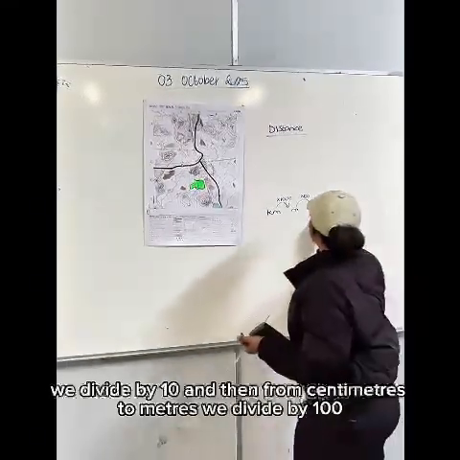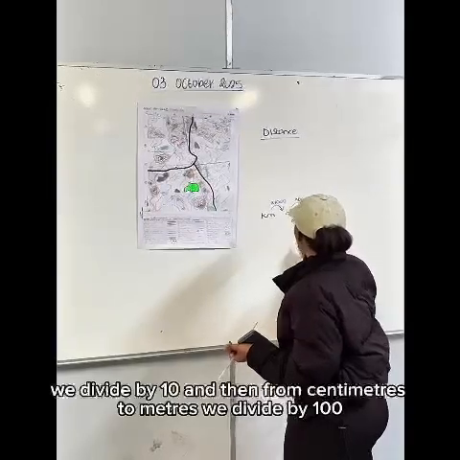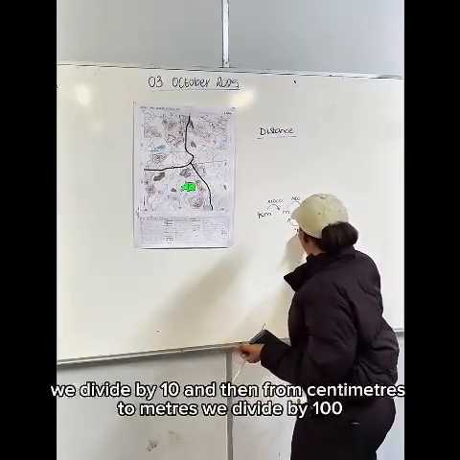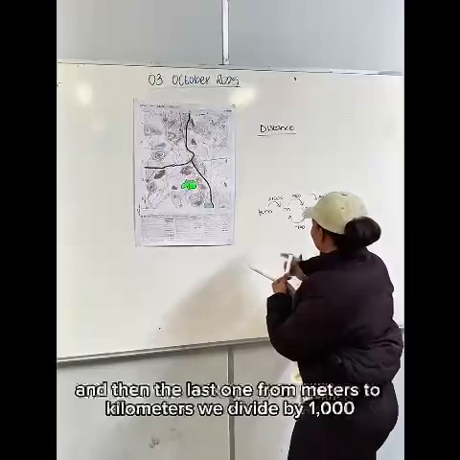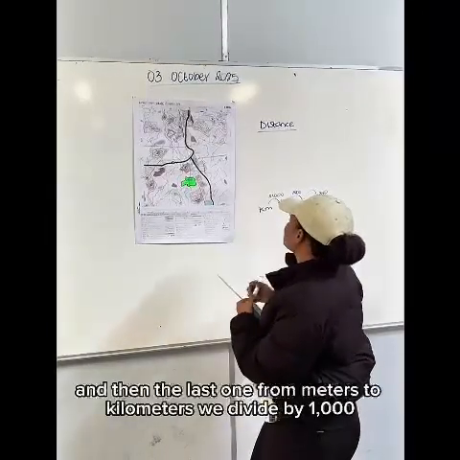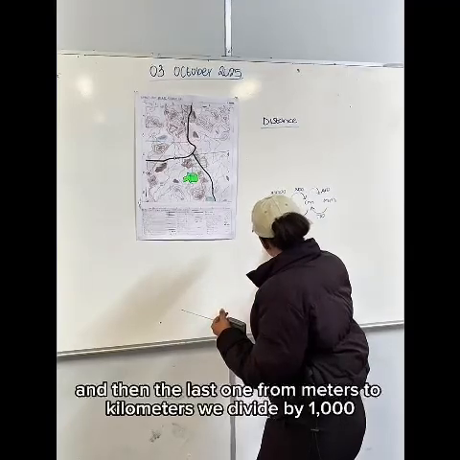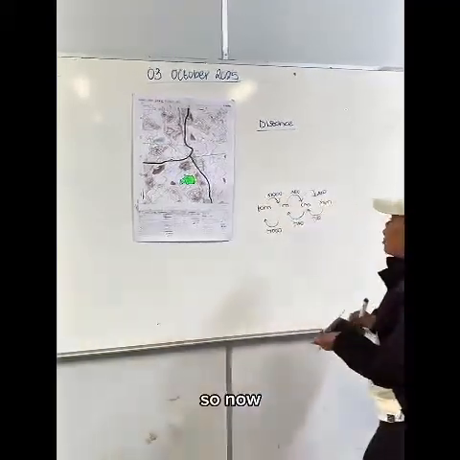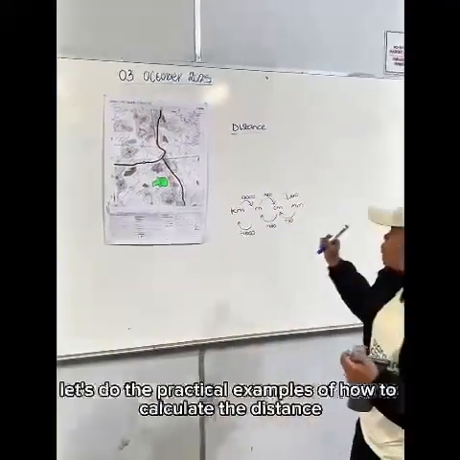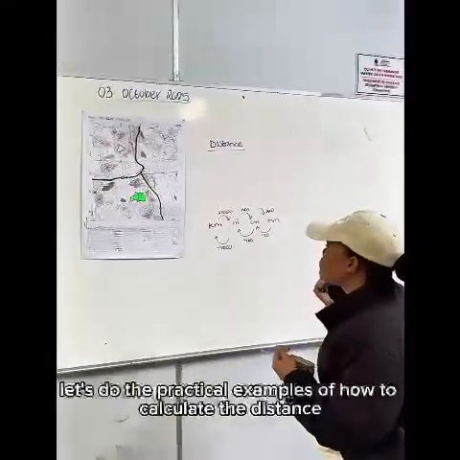From centimeters to meters, we divide by 100. And the last one, from meters to kilometers, we divide by 1000. So now, let's do the practical examples of how to calculate the distance.